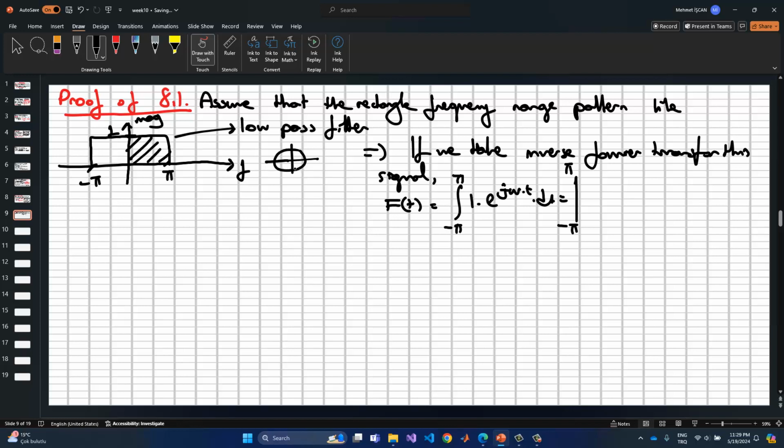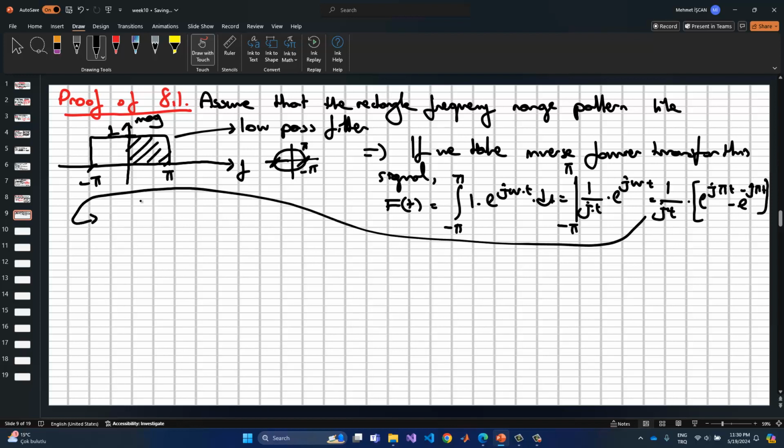Pi and minus pi cover the whole region here, and so this is written as 1 over jt times e^(jwt). This gives 1 over jt times e^(j pi t) minus e^(minus j pi t).